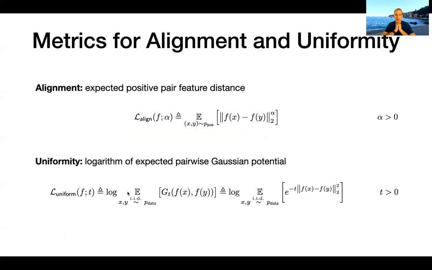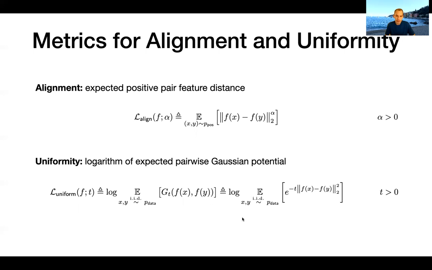So we came up with a metric for uniformity to try to understand this. And we also came up with a metric for alignment, which is just a rephrasing of the classic contrastive objective of trying to map two views of the same scene to the same point. Alignment measures the distance between the embeddings for view 1, x, and view 2, y.